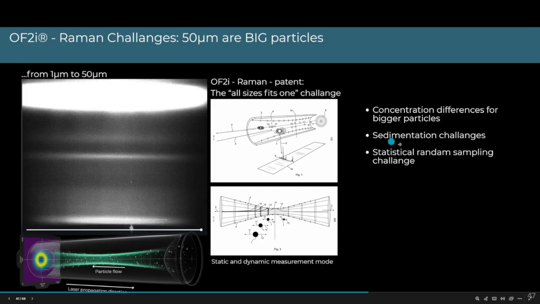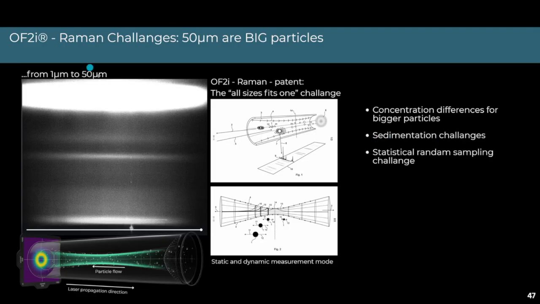The second thing is sedimentation. As soon as particles get bigger, they might sediment. This is not as relevant for smaller particles, but there we need to really think about and tackle this challenge. We have different approaches, not only increasing pumping speed and then pushing and pulling, so to say, so that they stay afloat.